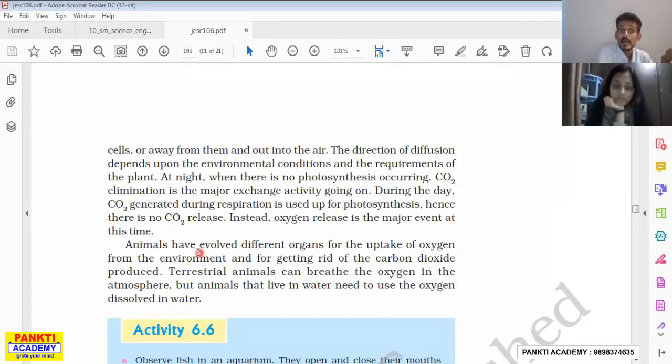is released. Animals have evolved different organs for uptake of oxygen from the environment and getting rid of the carbon dioxide produced.